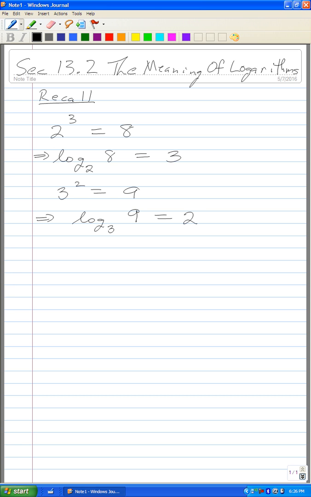Since the exponential function was either always increasing for the case of the base being greater than 1, and it was always decreasing for the base being between 0 and 1, then I have that the exponential function is a one-to-one function.